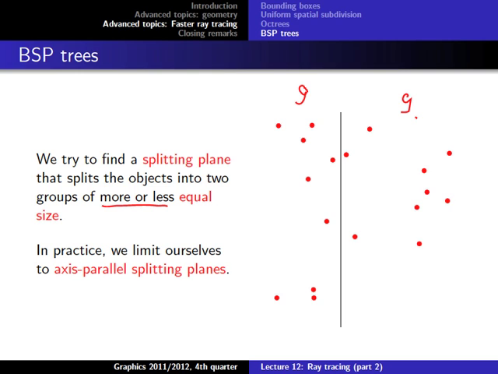Also, because we make an axis parallel split, it could, for example, happen that we have a situation like this here where we have 4 objects. But if this is axis parallel, then we have here, of course, 3 and 1, or the other way around. We have to map those to one of the cells, so it is more or less equal size.